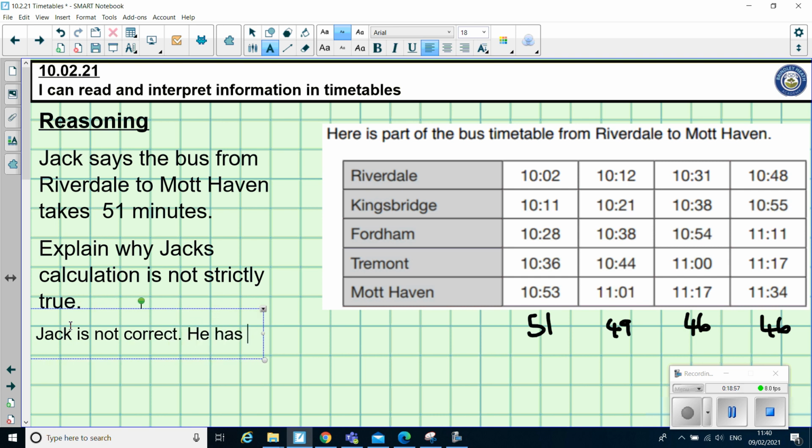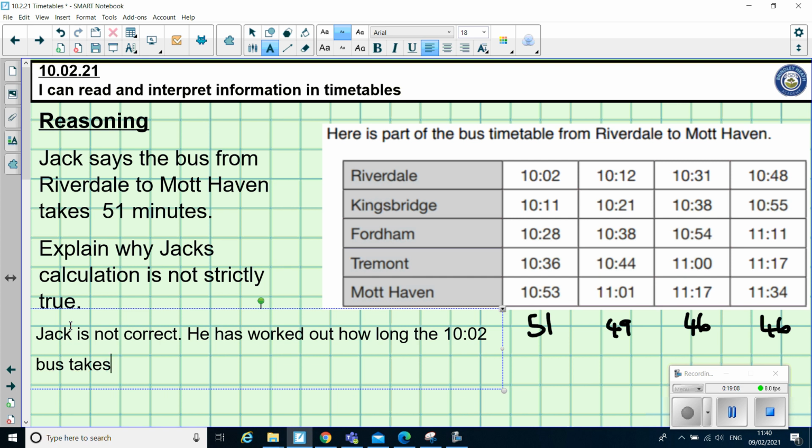He has worked out how long the 10:02 bus takes. However, the 10:12 bus takes 49 minutes.